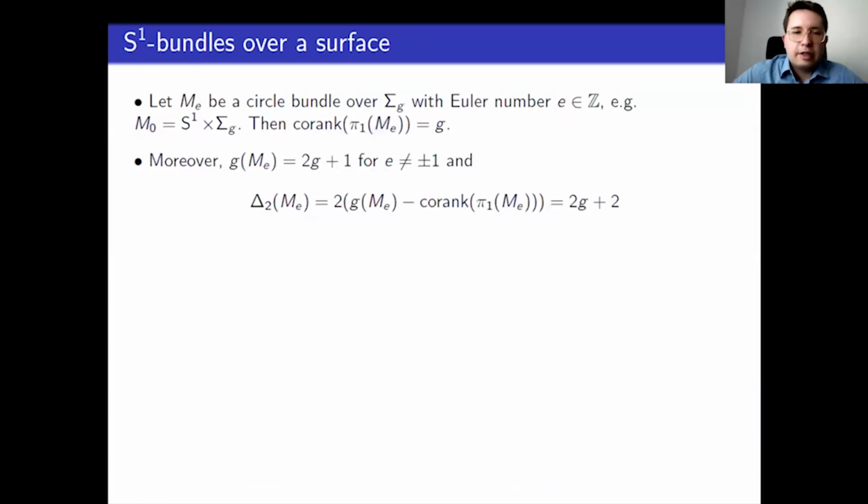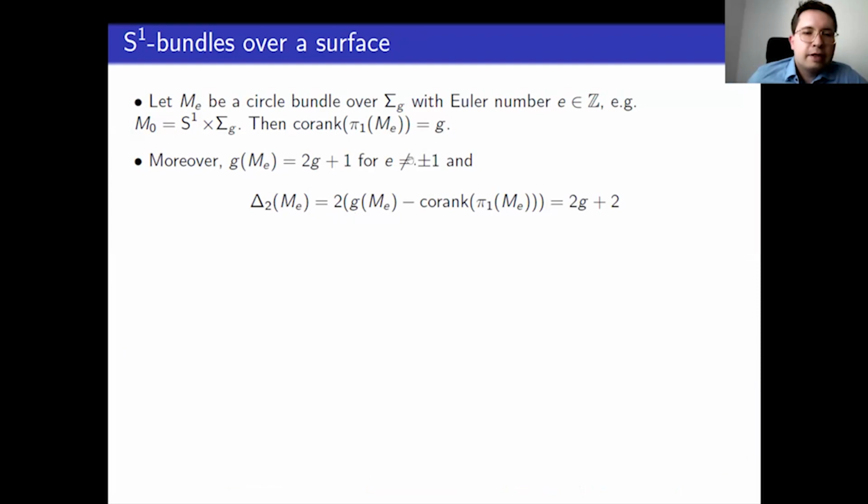So let us look at the non-trivial calculation of this invariant for circle bundles over a surface. These bundles are classified by the Euler number, which is an integer, and the co-rank of the group of such a circle bundle is equal to g.